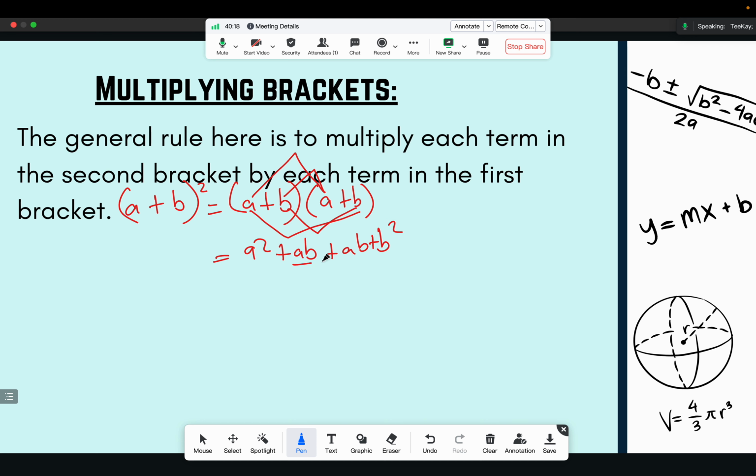So why I wrote this like this is because if we write them like this, we can easily notice that these are like terms. So like terms combine, like we talked about in the last chapter. So here we have A squared plus 2AB plus B squared.